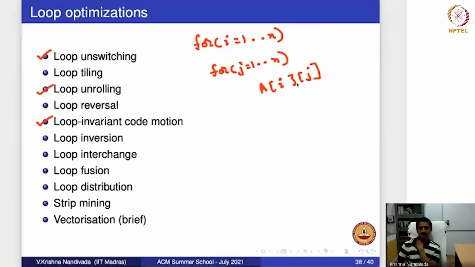I repeatedly access the rows again and again, the columns again and again. So if I have a matrix like this, I repeatedly access these elements again and again.